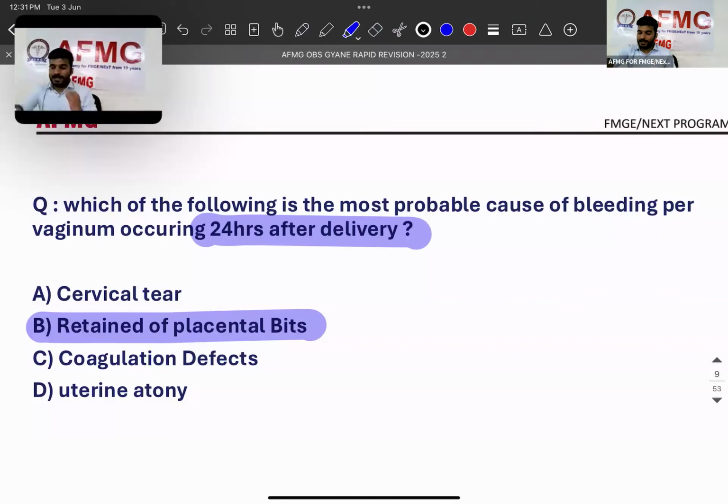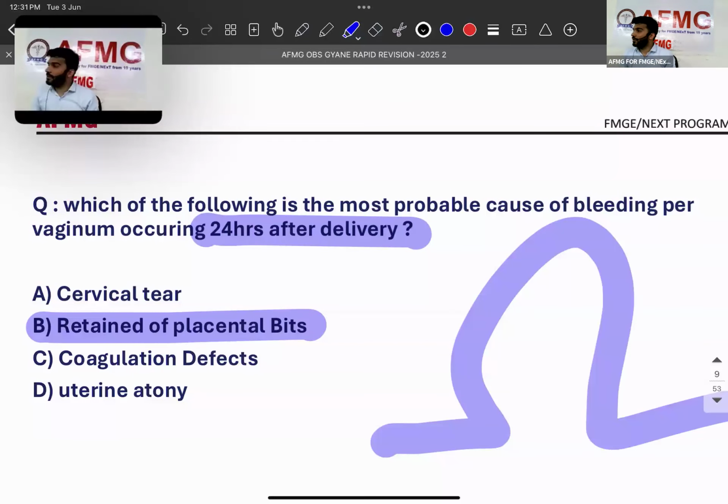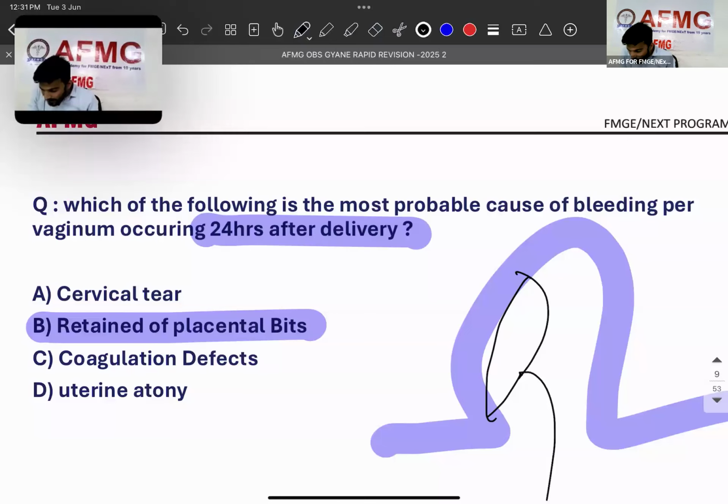Sometimes, this is the uterus, this is the placenta, and this is the cord. Sometimes this placenta goes inside the uterus, then it goes more inside, then more inside.